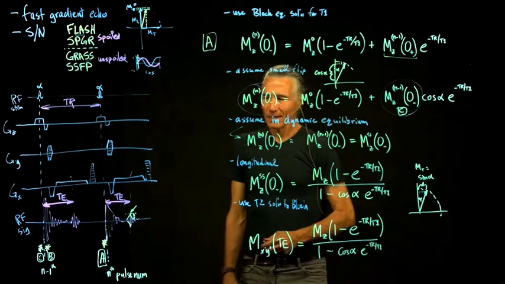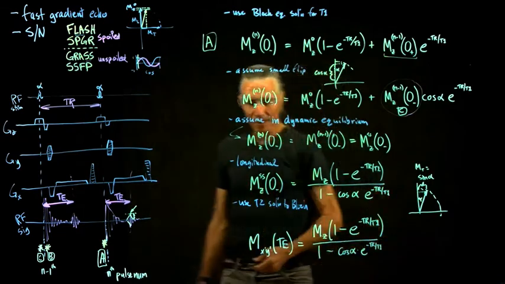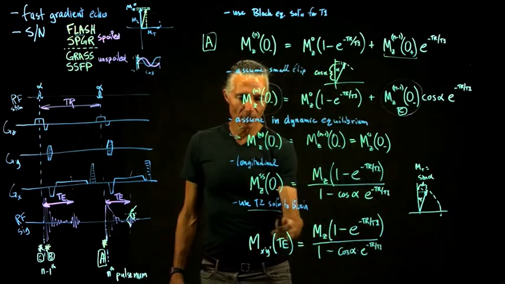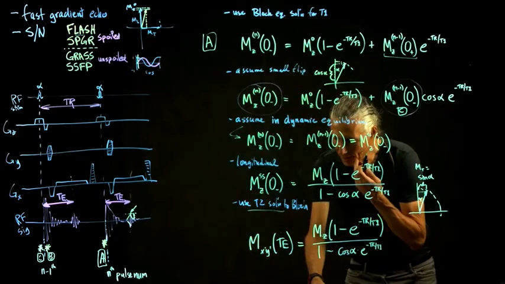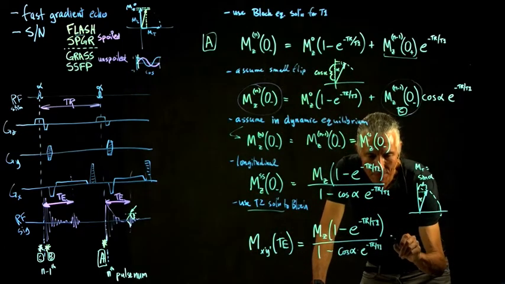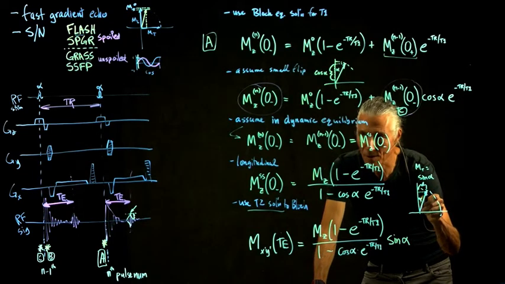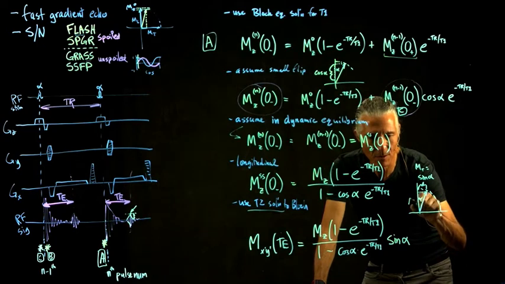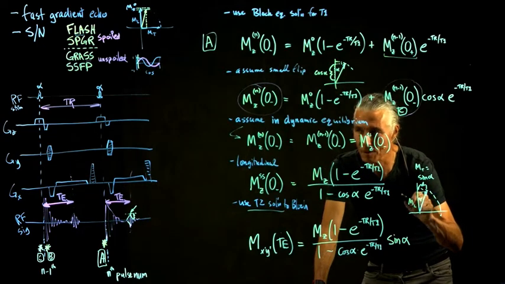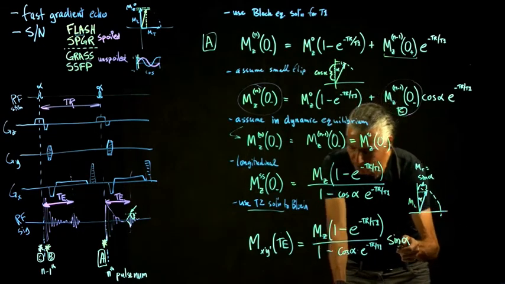But then finally, we've got to decay it with the T2 solution. And so what's that going to be? That's going to be multiplied by the sine, because we just have to consider the amount of transverse. We're not turning all of the longitudinal into transverse, just a part of it. So that's why the sine is in there.